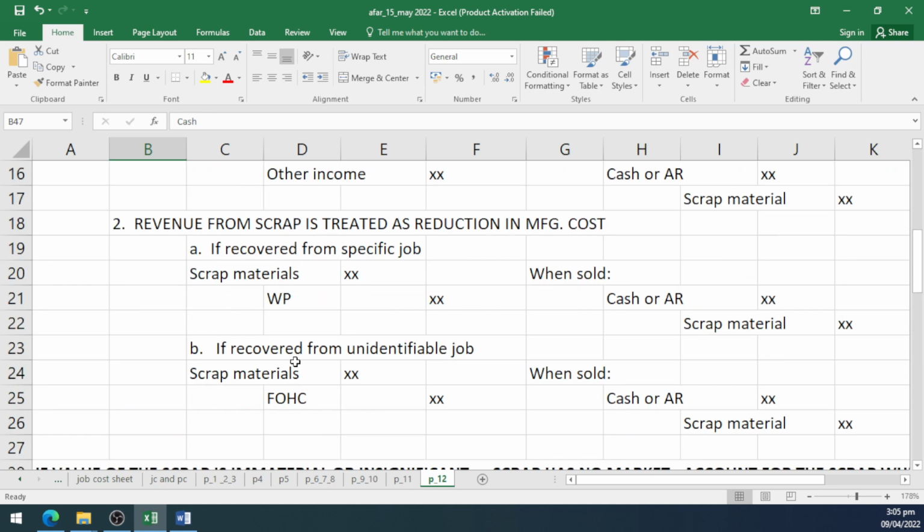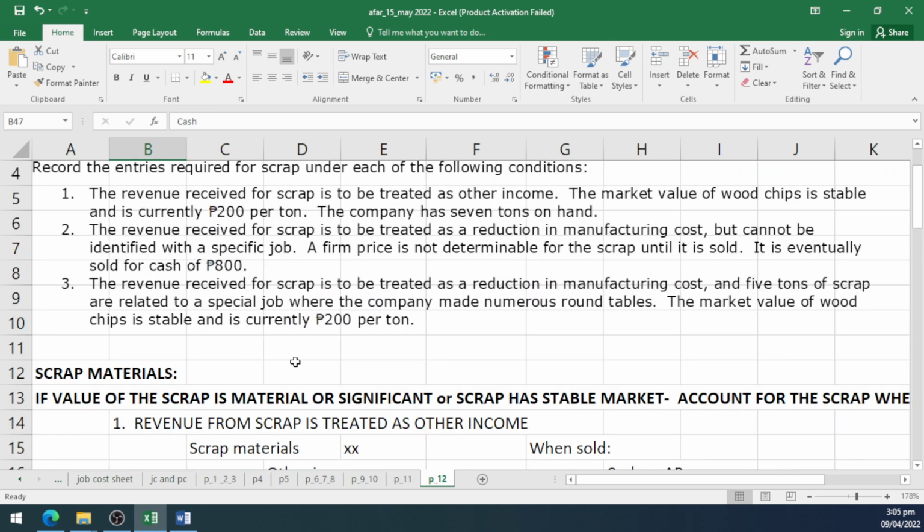Sa number 3, revenue received for scrap is to be treated as reduction in manufacturing cost. And 5 tons of scrap are related to special job, identifiable sa specific job. And the market value is stable. So, we can recognize this at the point of recovery, not at the point of sale.